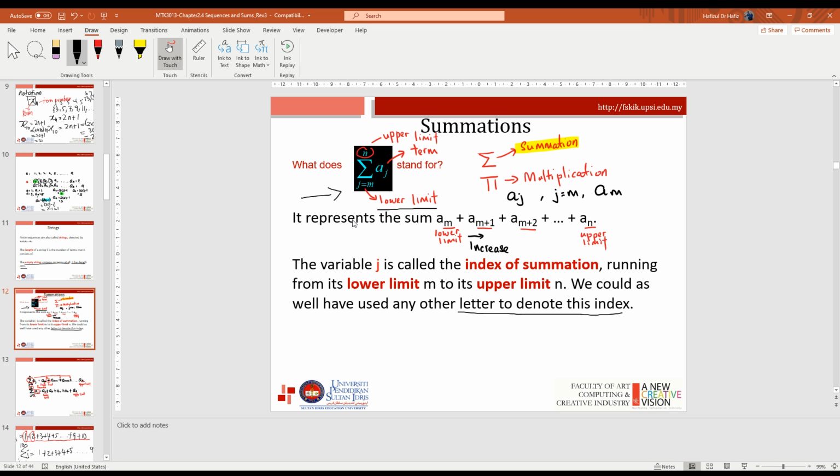Okay, and then we have the summation sign, the upper limit, and then we have the terms, or we can have a typical element. Sometimes we call it a typical element.